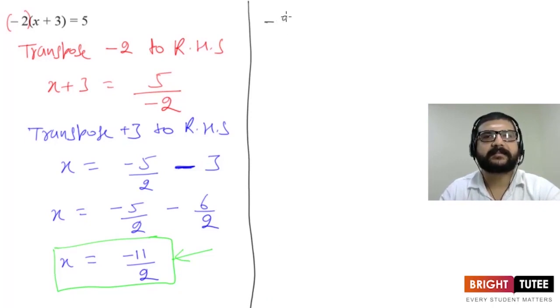So we will get minus 2 into x plus 3. Now instead of x we will put minus 11 upon 2 plus 3. Now let's check whether we are getting this equal to RHS, which is 5, or not. Let's multiply this minus 2 inside.